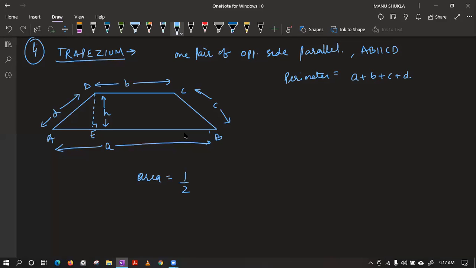It is half into height into sum of parallel sides. This is height, sum of parallel sides. This is the formula for area of trapezium, and here I am ending this.